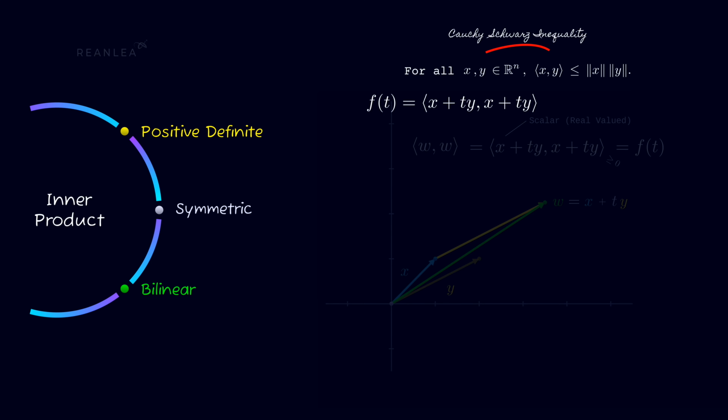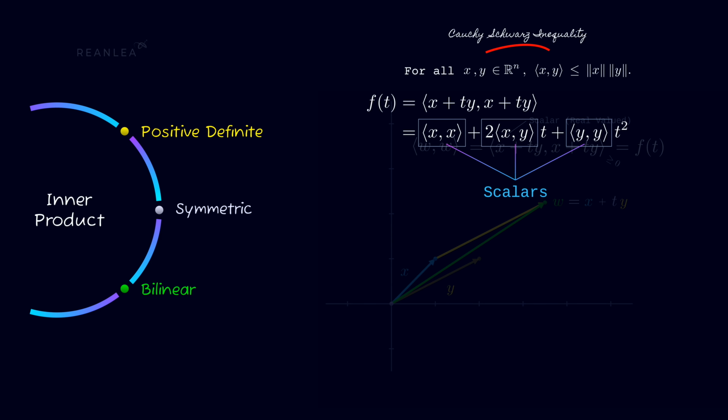Now using the symmetric and bilinear properties of the inner product, we can simplify the above expression of f(t), where all these inner products are scalars. If we represent them as c, b and a respectively, then the expression reduces to c plus bt plus at squared, which is a non-negative quadratic polynomial of degree 2.